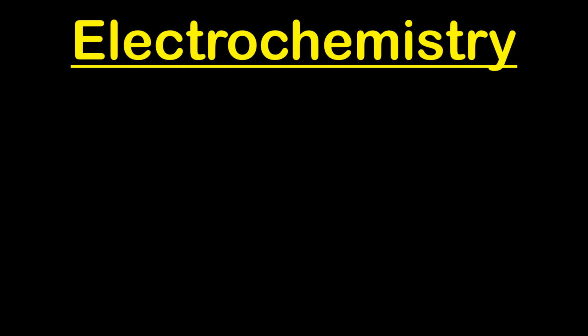Now consider examples of the two ways of studying electrochemistry. In the first way, we study how chemical reactions generate electricity. An example of a chemical reaction generating electricity is the galvanic cell.